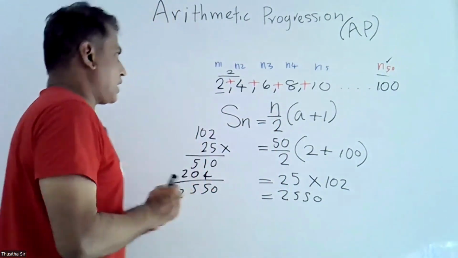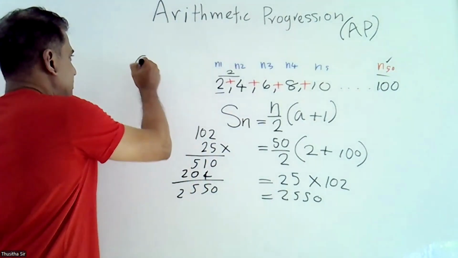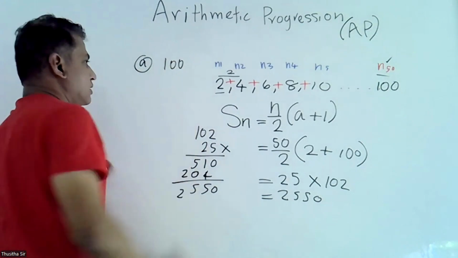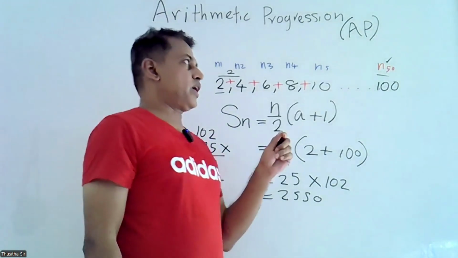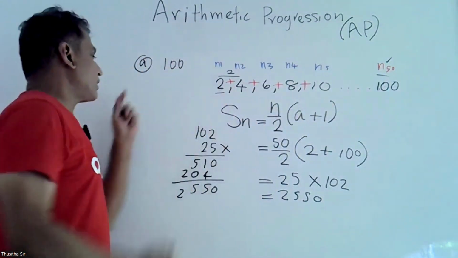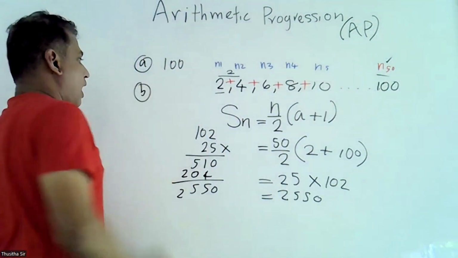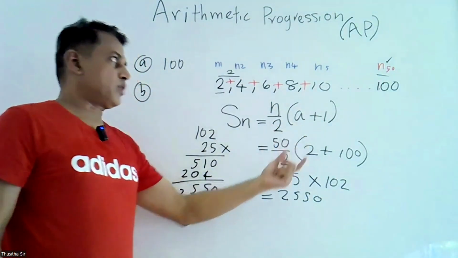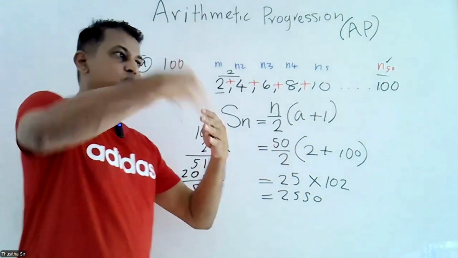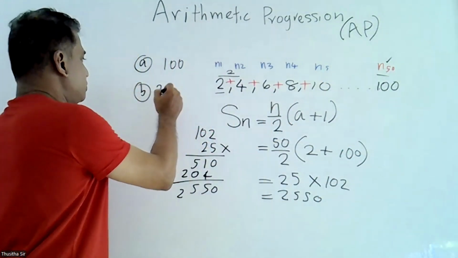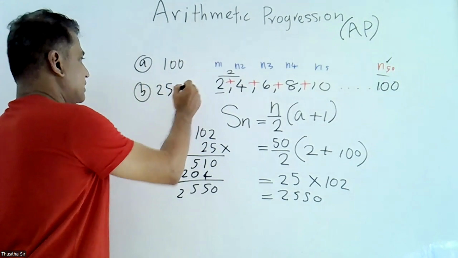First I got 100. So the first formula I used to calculate the number in the 50th position, that's 100. The second one I used to calculate the sum of all the values in this sequence, that is 2,550.